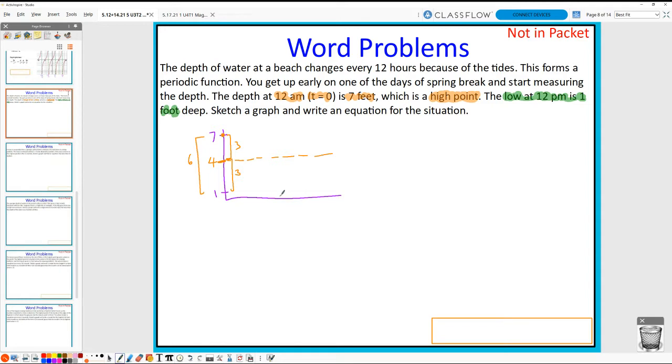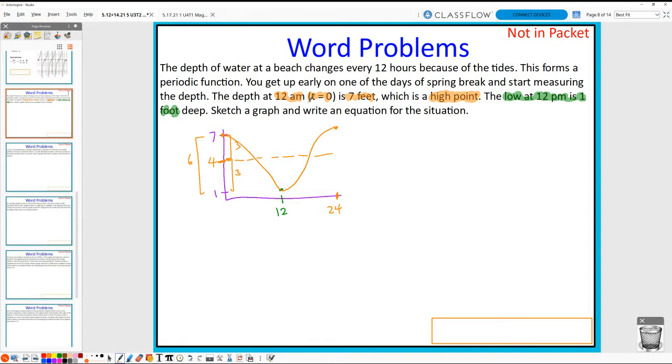So 12 hours later, because 12 to 12 is 12 hours, I am at a low point. This is 12 hours after midnight. I'm at a low point. And if I want to draw one more point, I can, because I know that's halfway from a max to a min, that's halfway for cosine. And another 12 hours, meaning 24 hours after, I will have my max again. So my graph will look something like this.